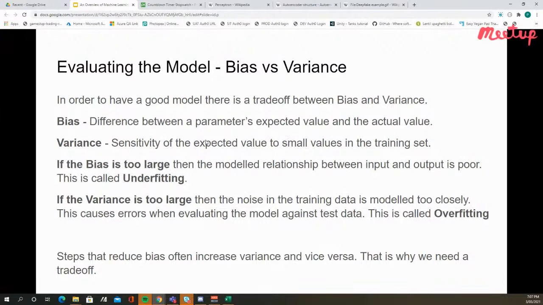The next one is called variance, and this is the sensitivity of the model to picking up noise in the training set. This is important because if it picks up noise in the training set, it may perform poorly in the test set or the validation set because it's too trained for the training set and nothing else.